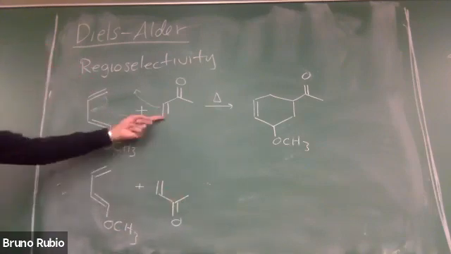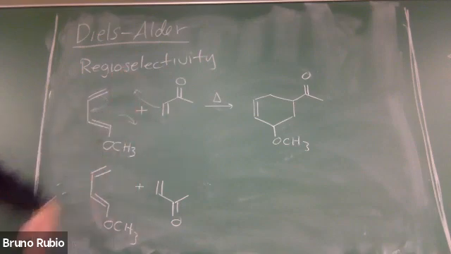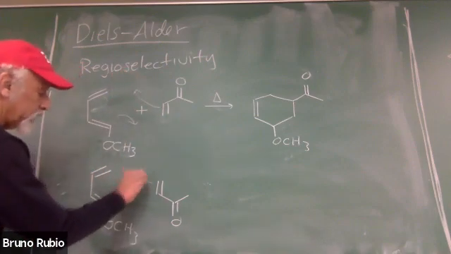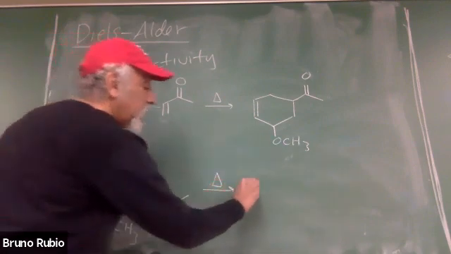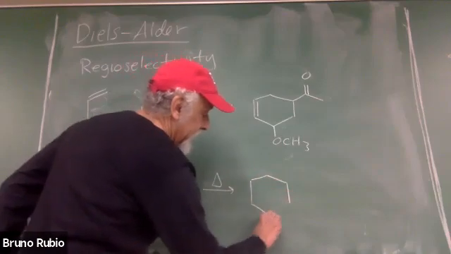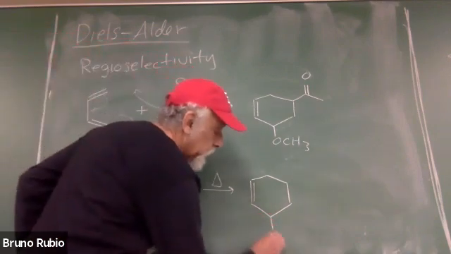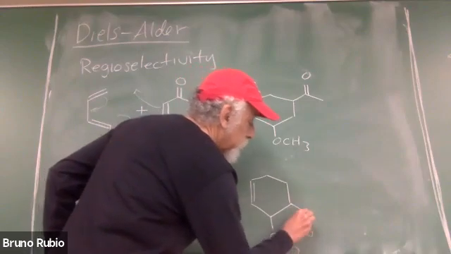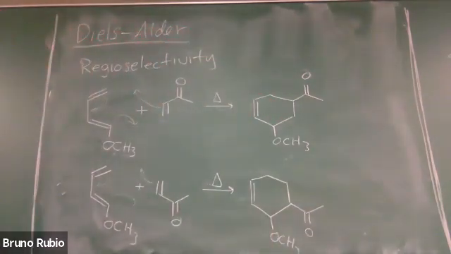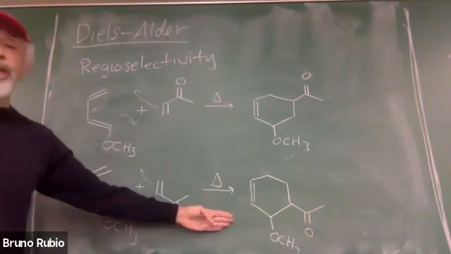It's the same molecule, just with the oxygen pointing up here and the oxygen pointing down here. Once again, heat this thing, and you're going to get a cyclohexene. And now the methoxy group is going to be down here, and the electron withdrawing group is going to be down there. So these two are regioisomers.